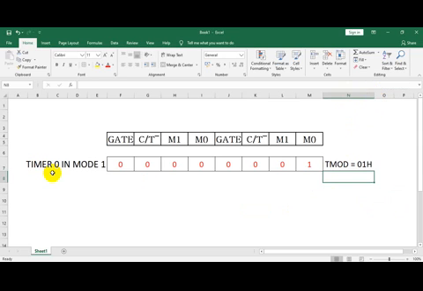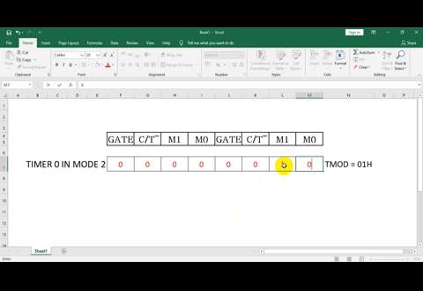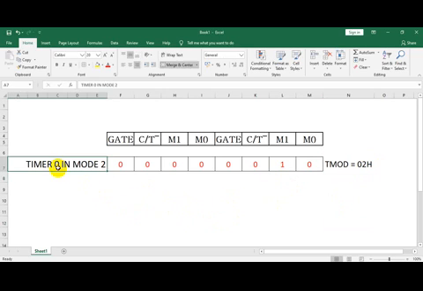Suppose you want to configure timer 0 in mode 2, that is the auto reload mode. The bit value is 1, 0. So the value now is 02H. Suppose you want to configure timer 1 in mode 2.